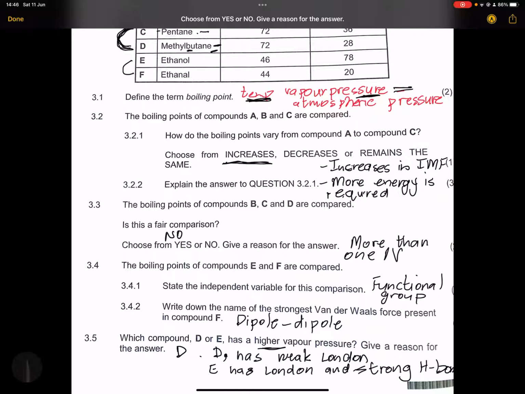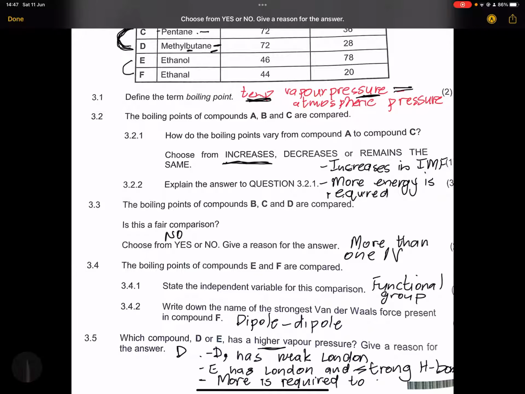So what do we know? We know that more energy would be required to separate molecules of E than that of D. So more energy is required to separate. Please don't say break bonds. We are not breaking bonds, but we are separating compounds or molecules in this case.